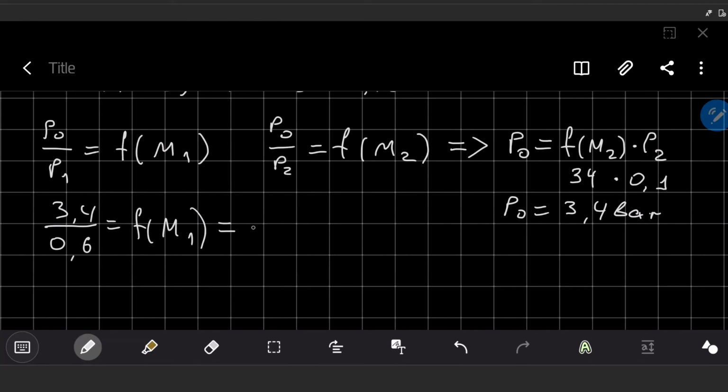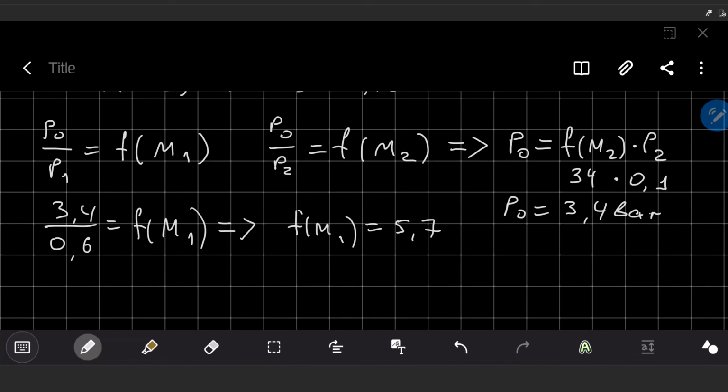And from here, using Appendix A, I will see how much this ratio is. The ratio is 5.66, or approximately 5.7. And from here, the function of M1 is equal to 5.7.